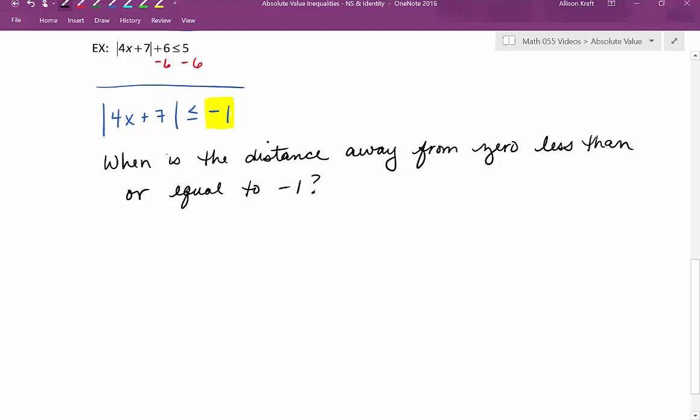We just discussed that we always talk about distance in terms of a positive number or possibly 0. So when is the distance away from 0 less than or equal to -1?